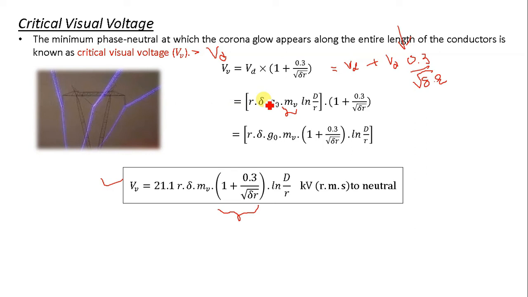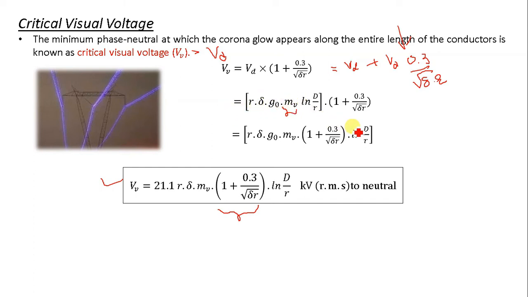But when we talk about critical visual voltage, sometimes two kinds of corona happen. One is corona happening along the entire length of the conductor, and the other is corona limited to some part of the conductor only. In that case your mv will be different.